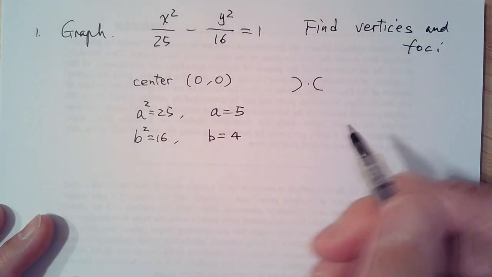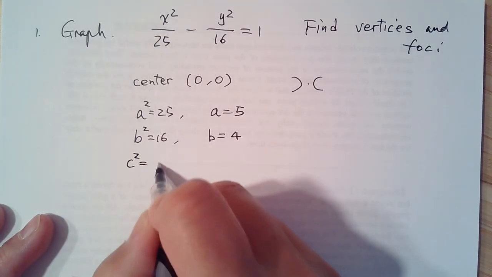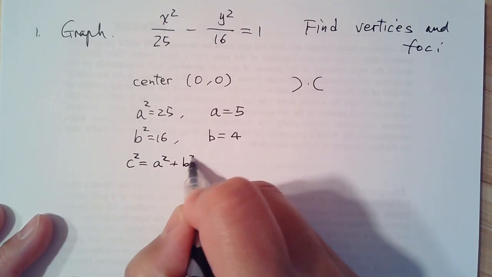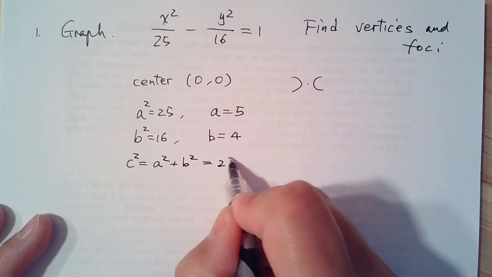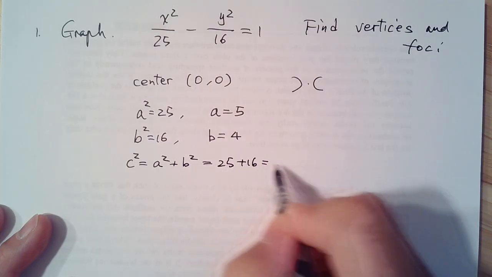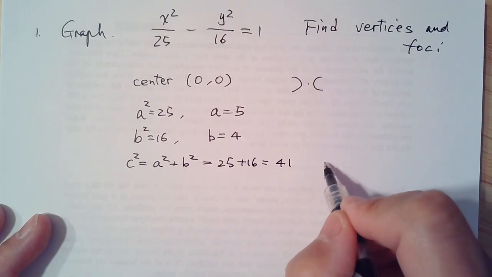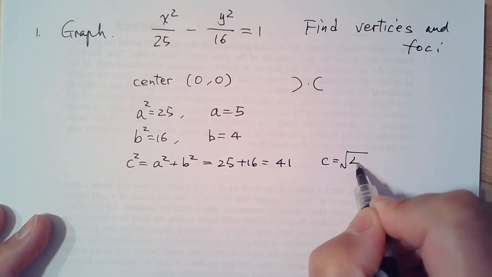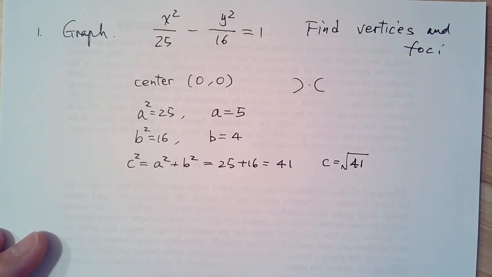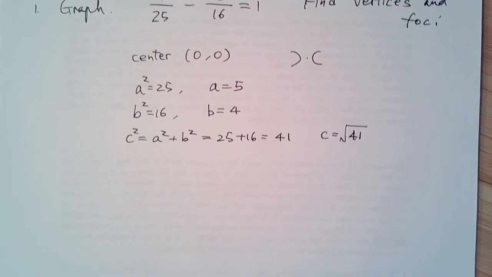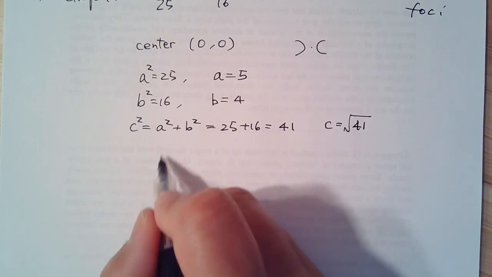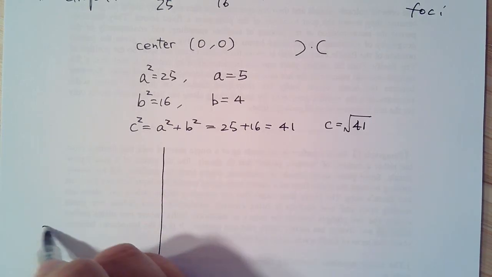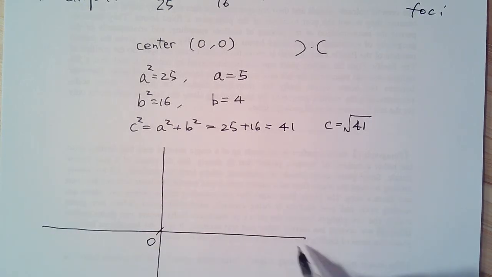And c squared is the longest one: c squared is a squared plus b squared, which is 25 plus 16, which is 41. So my c should be the square root of 41. It's not a very pretty number, but that's what we have. Okay, so let's graph. We have the center, (0, 0).